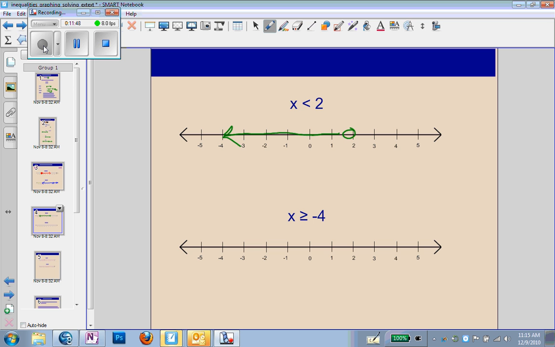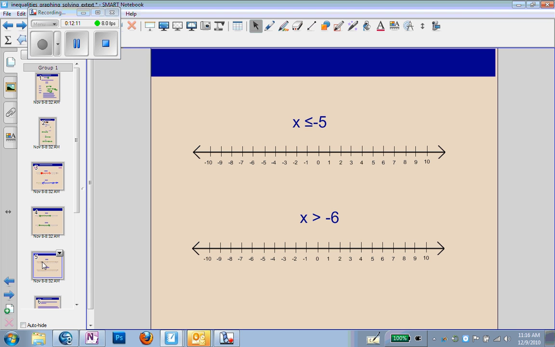In the next example, open or closed circle? Good, closed if there's an equals to. Positive or negative direction? It's going to go in the positive direction since it's greater than. Okay, in the next example, is it going to be open or closed? Closed, equal to.